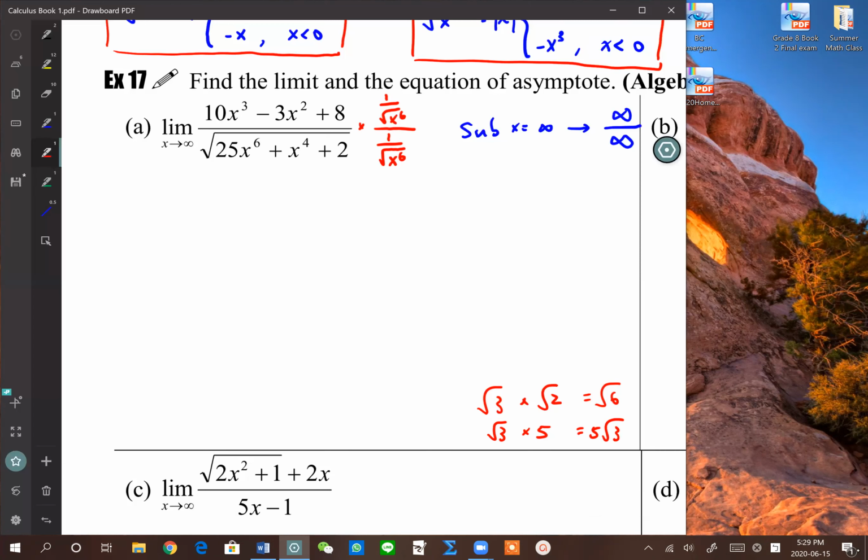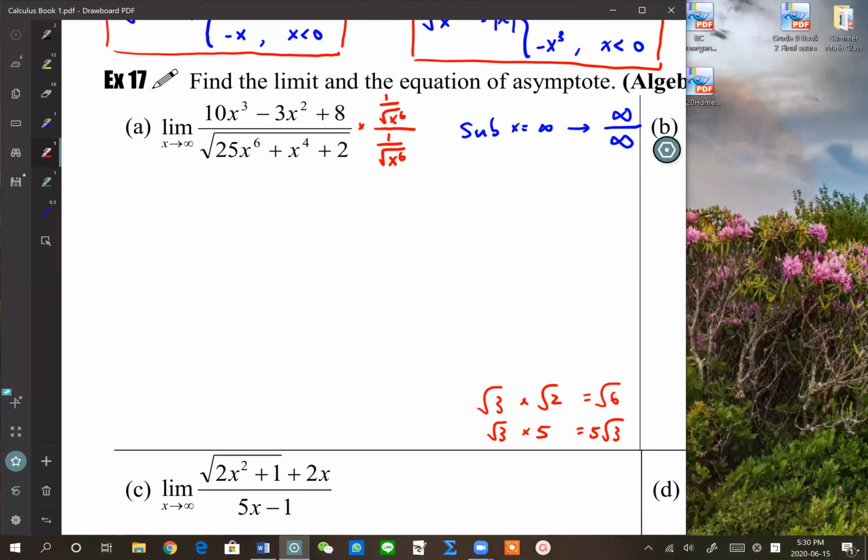So right now we choose root x to the 6 because it needs to multiply with the denominator, okay? And then for the top, we need to make it go away later, okay? So let's do the denominator first. Denominator is the easier part.